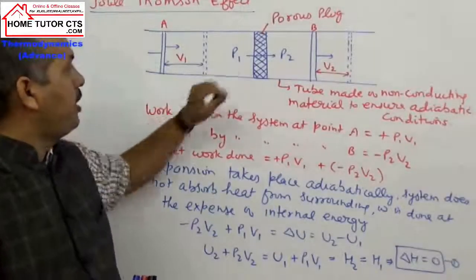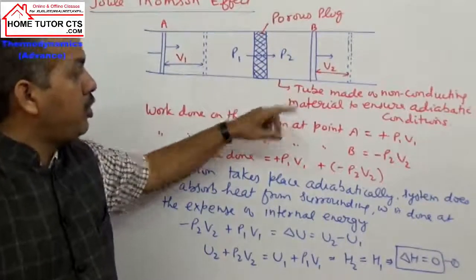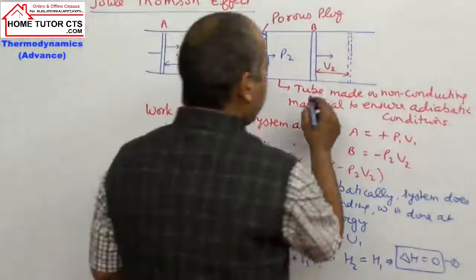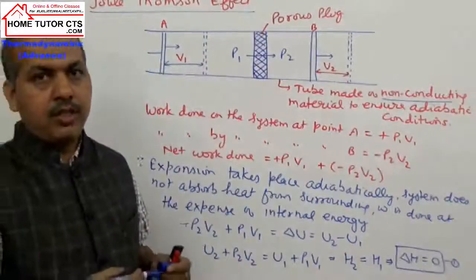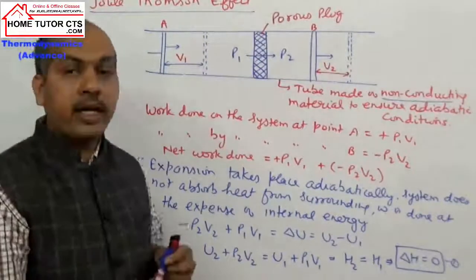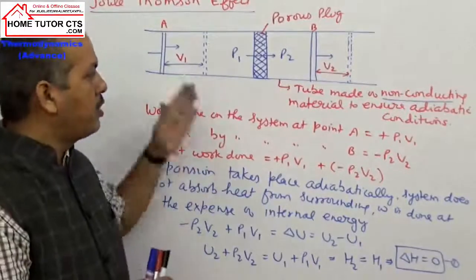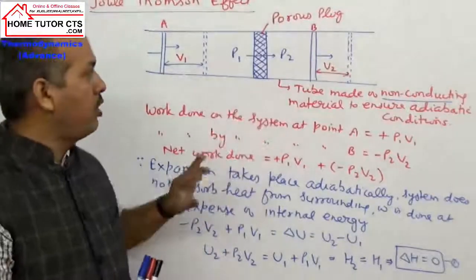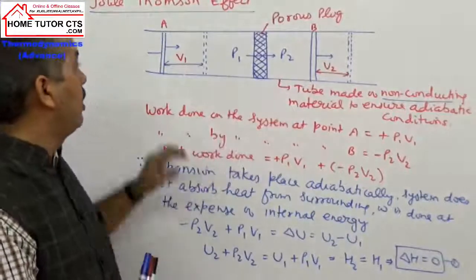In this diagram you can see we have taken a tube. The tube is made of non-conducting material. Why? To ensure adiabatic conditions, means there is no heat exchange between system and surroundings. So the tube is made of non-conducting material for that purpose.